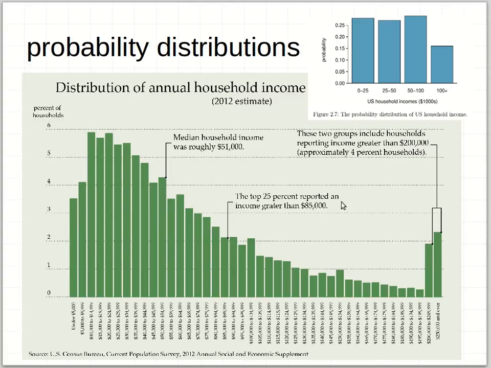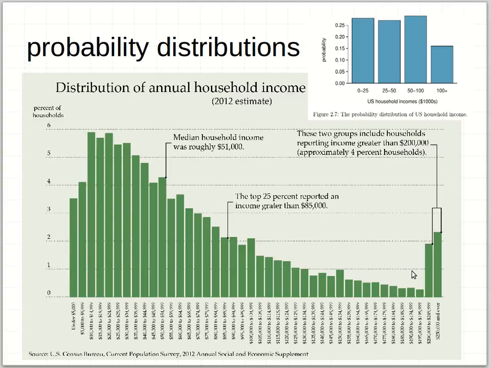Okay, notice that every one of these columns here is representing a percentage of households. So with a sufficient sample, like this one from the U.S. Census in 2012, we're looking at the probabilities of people making a certain amount of income in a household because it's an adequate sample, and we can see that it's pretty skewed, with the skew actually being described by where the tail goes.